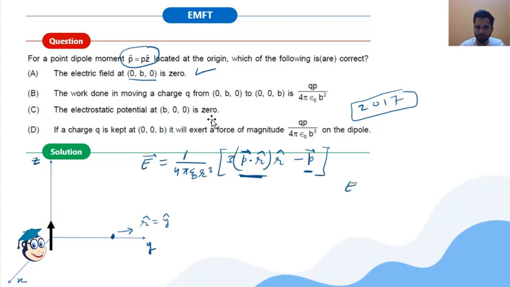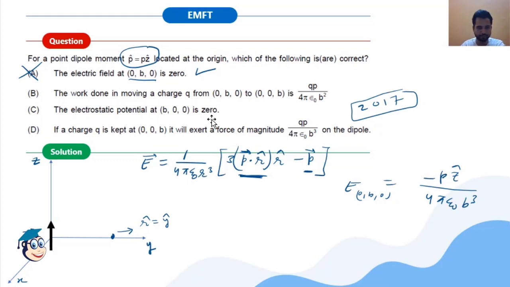So electric field at 0 b 0 is nothing but minus P, which is P z cap, divided by 4 pi epsilon naught b cube, which is not equal to 0. So option A is wrong.